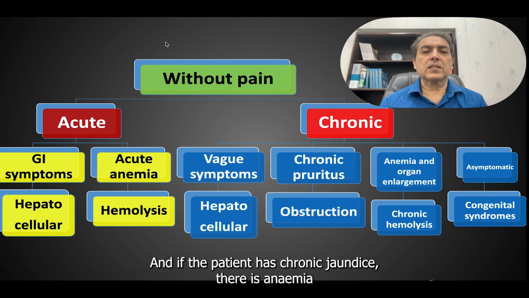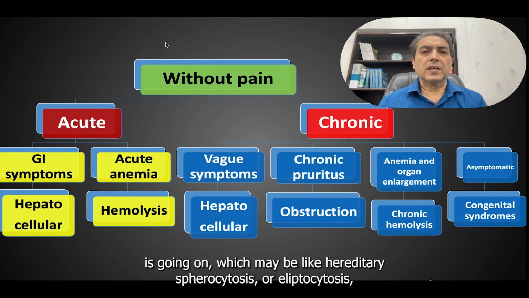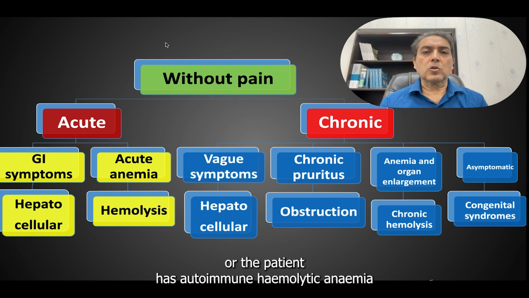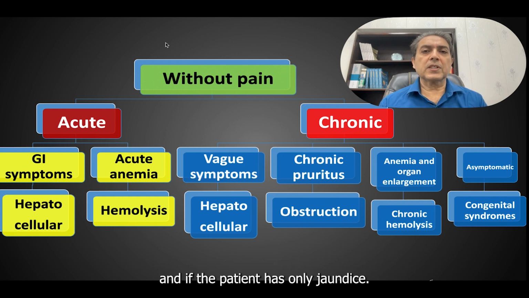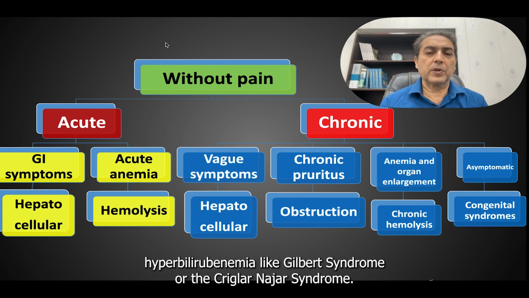And if the patient has chronic jaundice, there is anemia and there is organ enlargement, that means a chronic hemolytic process is going on, like hereditary spherocytosis or elliptocytosis, or the patient has autoimmune hemolytic anemias. And if the patient has only jaundice and there is no abnormality, this may be the chronic syndromes of congenital hyperbilirubinemia like Gilbert syndrome or the Crigler-Najjar syndrome.